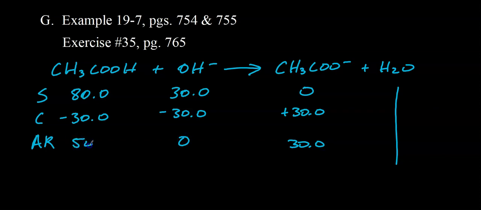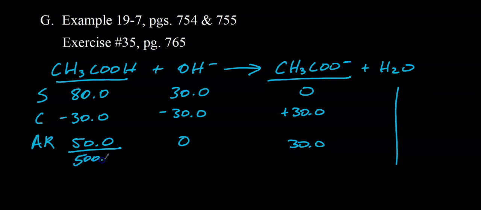And notice that we have a solution that contains both acetic acid and its conjugate base. If we want to calculate concentrations of each of those, if you're going to use Ka, you need to calculate concentration. If you're using Henderson-Hasselbalch, technically you don't. But take those and divide by the total volume, which was 500 milliliters.